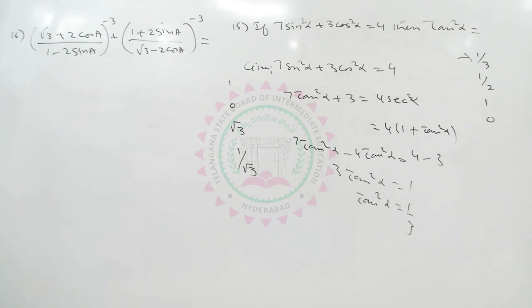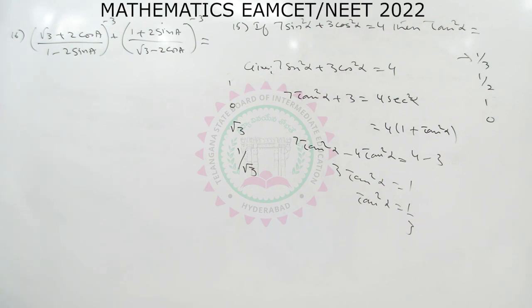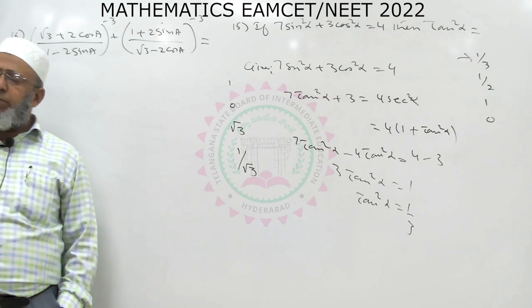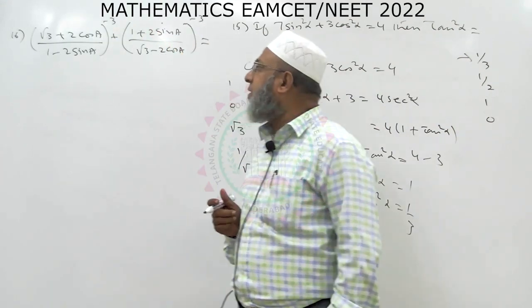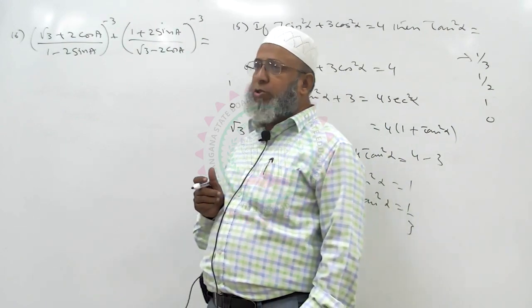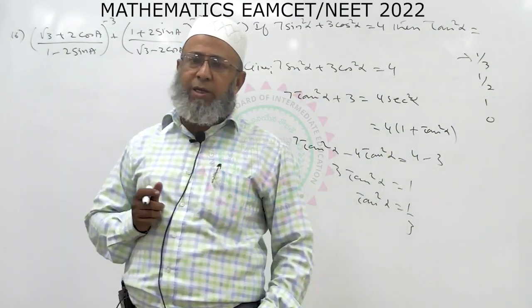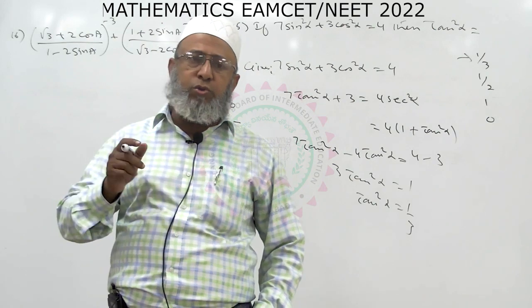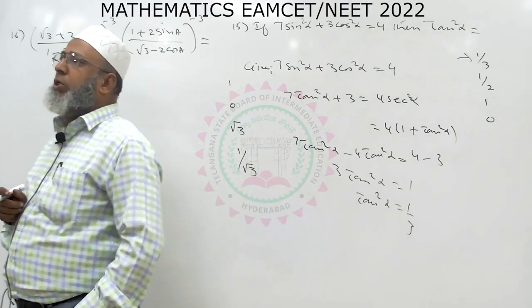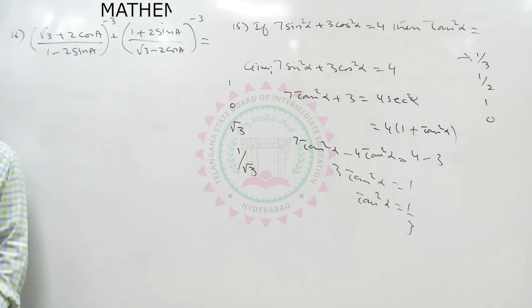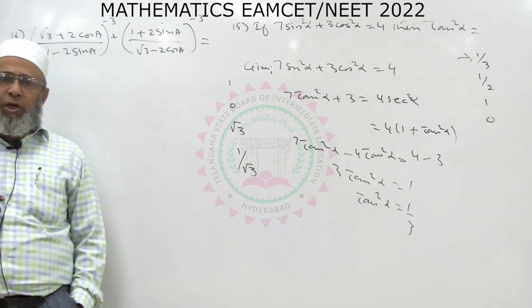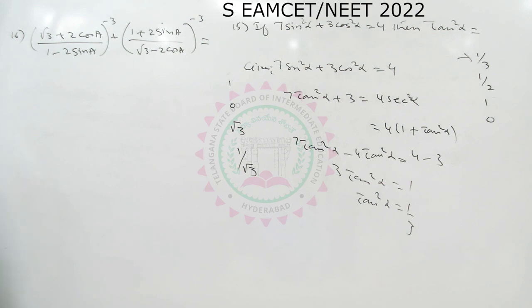Now, here also, if I want to follow the usual method, it will take a number of steps, and time is also wasted. Again, here also, I have to use some shortcut. So, you think of some value which satisfies the given problem, right?